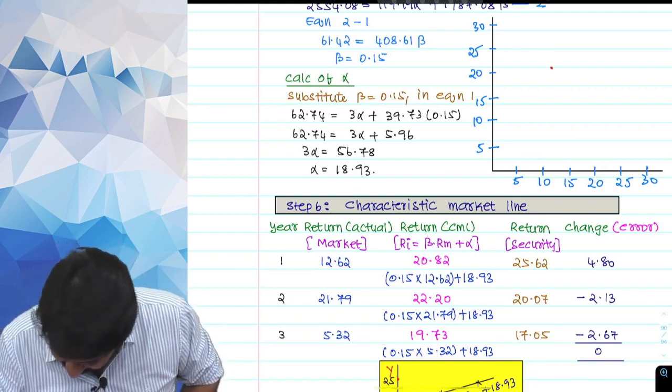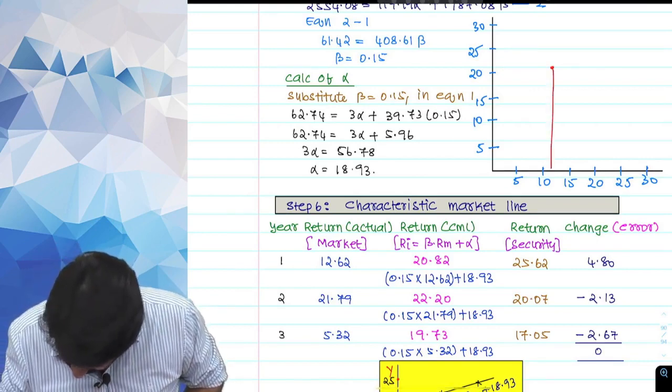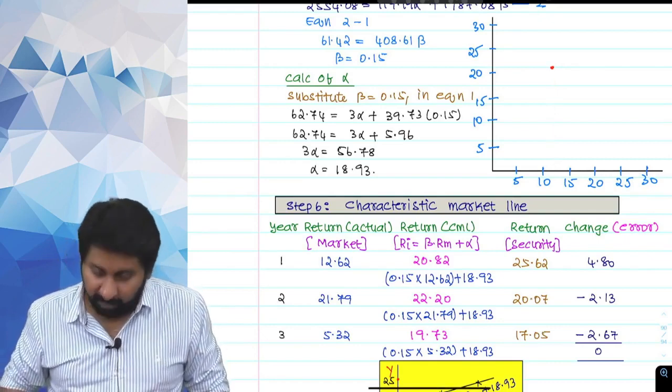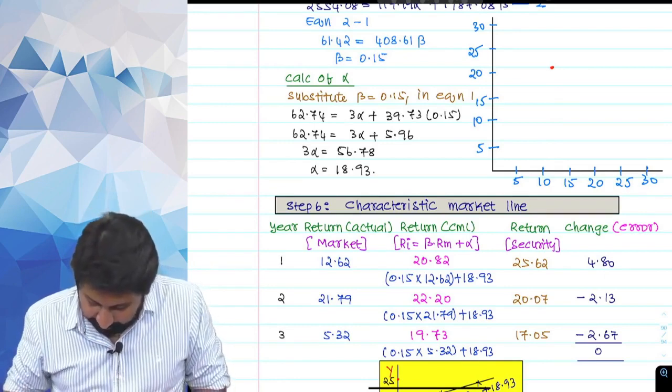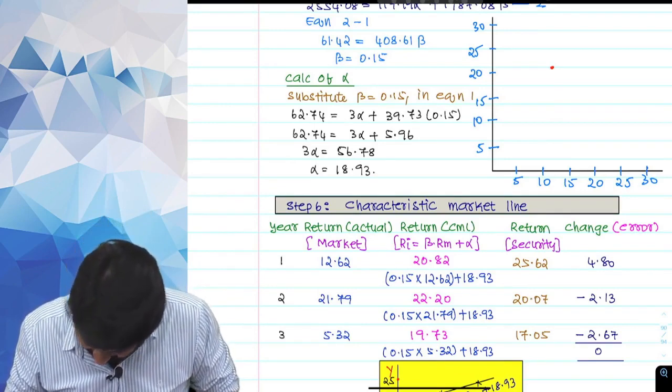Somewhere here. Next one, 12.62 and 20.82. Next, 21.79 and 22.20.